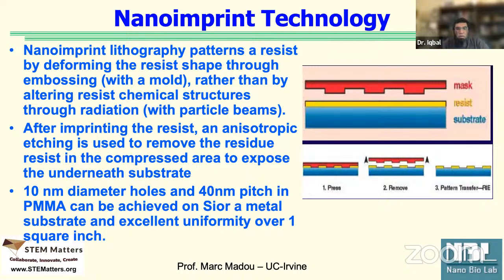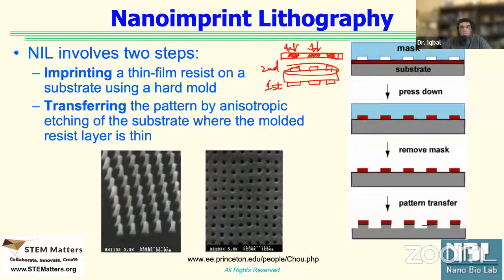PMMA is another resist, another polymer, on a silicon substrate. And the uniformity was very excellent over 1 square inch, which means that the height of the features we got and the formation of the feature was very uniform.